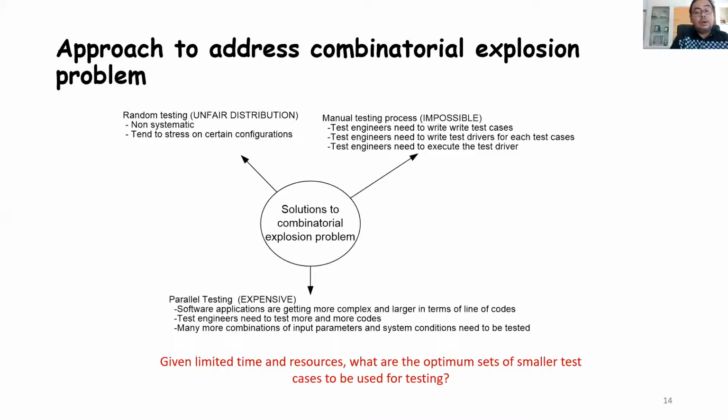This is the question that we ask when we talk about T-way testing. How are we going to minimize the number of tests, yet do it in a systematic manner, in a way that you will not be sacrificing your quality? This is what we are trying to do with T-way testing.